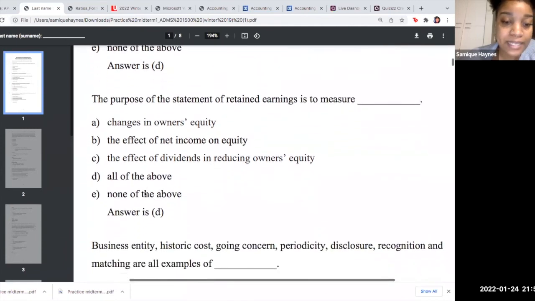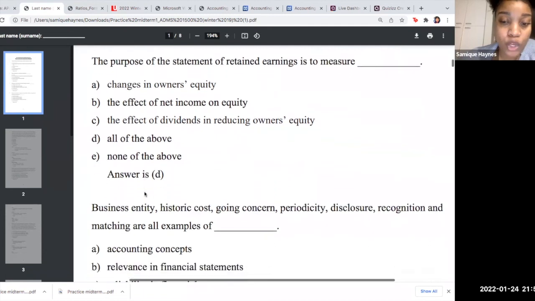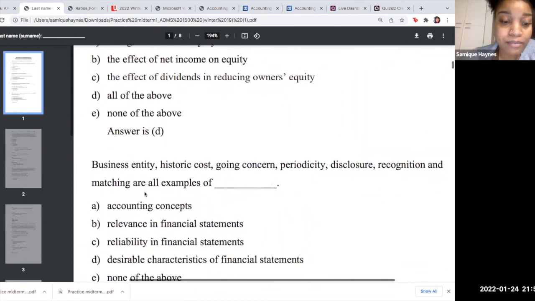Correct. Business entity, historic cost, going concern, periodicity, disclosure, recognition, and matching are all examples of accounting concepts, relevance in financial statements, reliability in financial statements, desirable characteristics of financial statements, or none of the above.